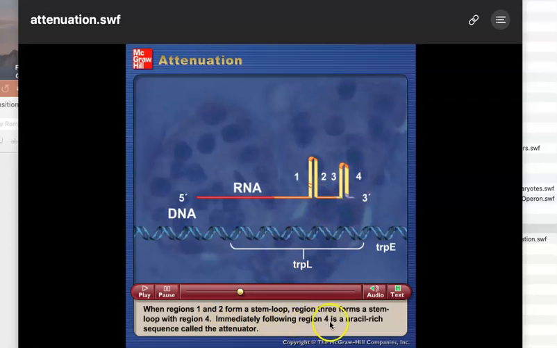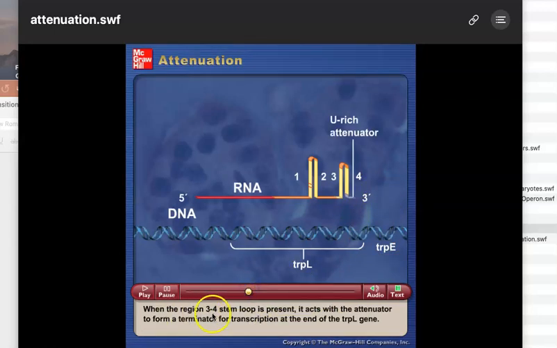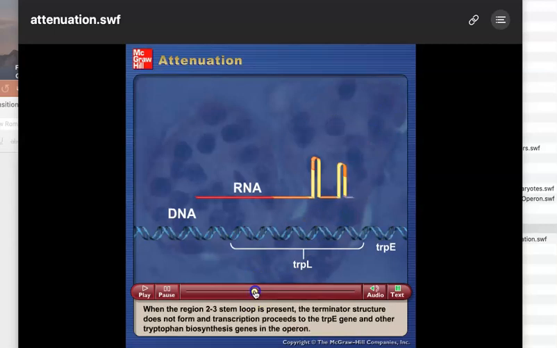Immediately following region 4 is a uracil-rich region called the attenuator. So that's down here. When the region 3-4 stem loop is present, it acts with the attenuator to form a termination signal for transcription at the end of TRP-L. Basically, the RNA polymerase, as it's moving along and laying this down, this little wrinkle here will kick the polymerase off, and so it'll terminate transcription.